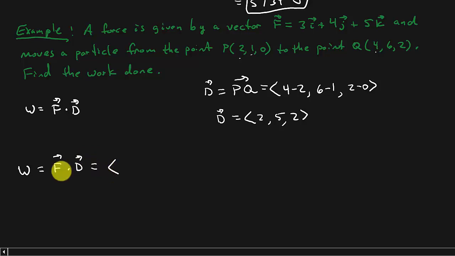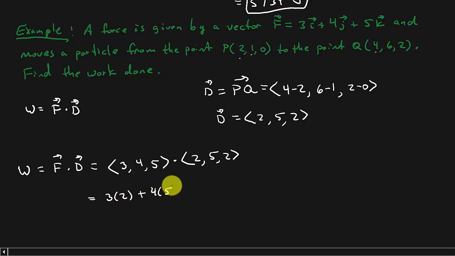I'm going to rewrite this into this form. That's 3, 4, 5 dot 2, 5, 2. And so that is equal to 3 times 2 plus 4 times 5 plus 5 times 2. And that ends up being, is that 36?